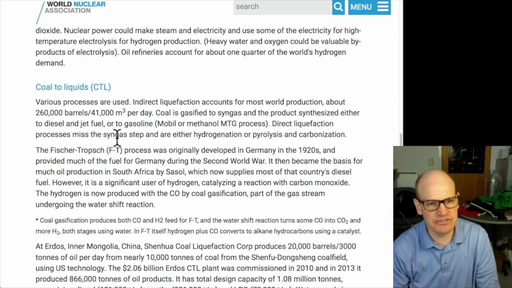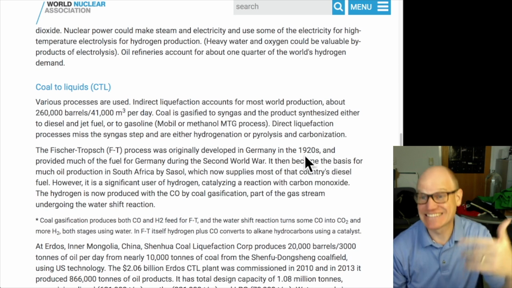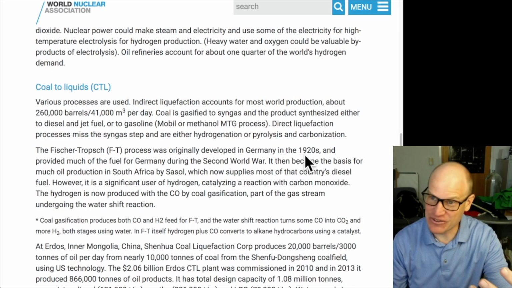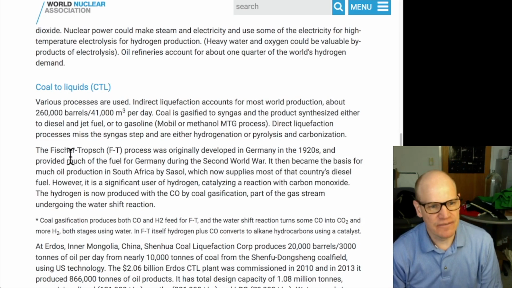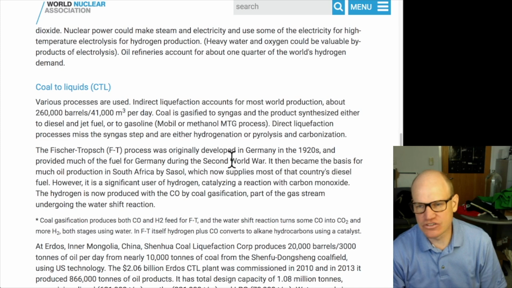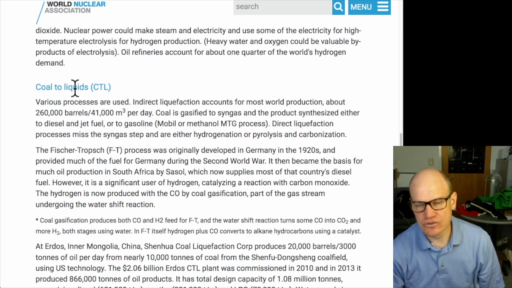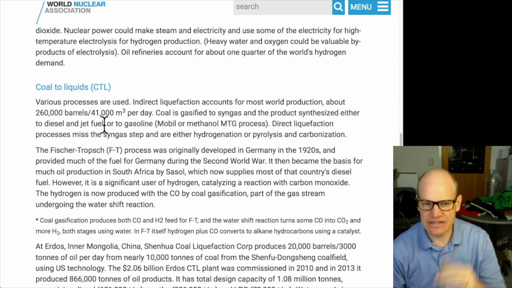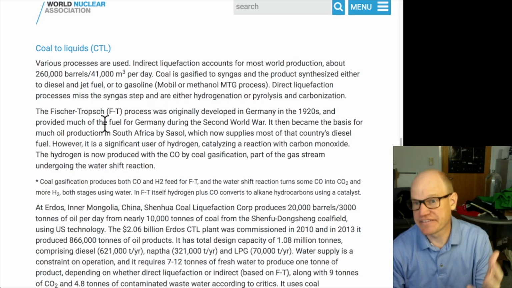So the Fischer-Tropsch process was developed in Germany in the 1920s because Germany has a lot of coal. As they're exploiting now that they're turning off their nuclear plants, they're like, we got all this coal we can use. Good for us. But because they were cut off from a lot of sources of oil during World War II, they used this to turn their coal into liquid fuels. And this is something that you can do also with nuclear process heat because it happens at relatively low temperatures, certainly lower than 1,000 degrees Celsius.